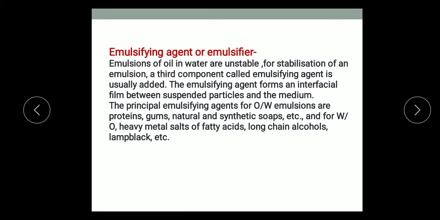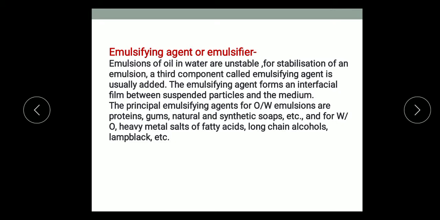It means it is not a stable emulsion. But if you add some substance which prevents the formation of two layers and it remains as an emulsion for a long duration, that substance will be known as an emulsifying agent or emulsifier.